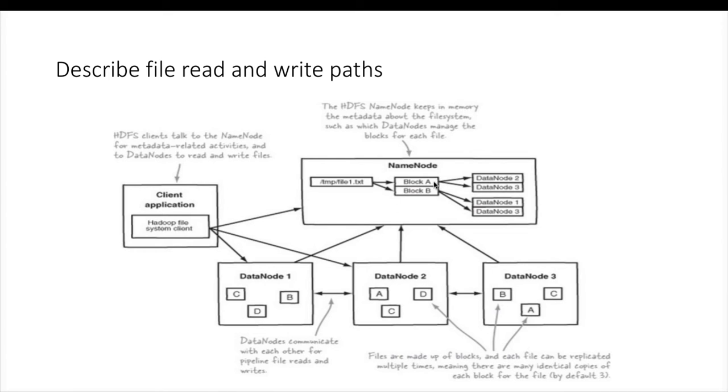When the block is copied onto data node 2 and data node 3, or for block B, data node 1 and data node 3, on the corresponding node for the corresponding block, the checksum will be computed, and once the block is copied, the checksum will be sent back to the client, and the client will compare the checksum computed on the client with the one computed on the data node on which the block is copied.